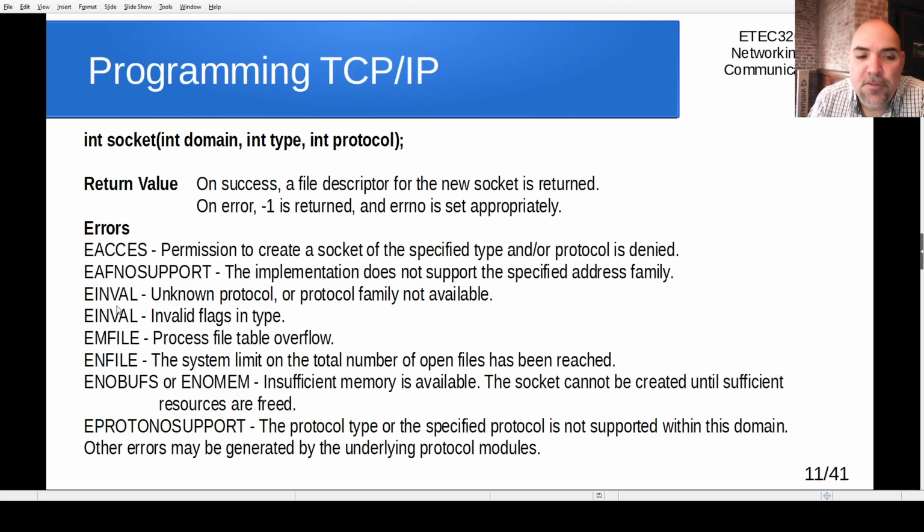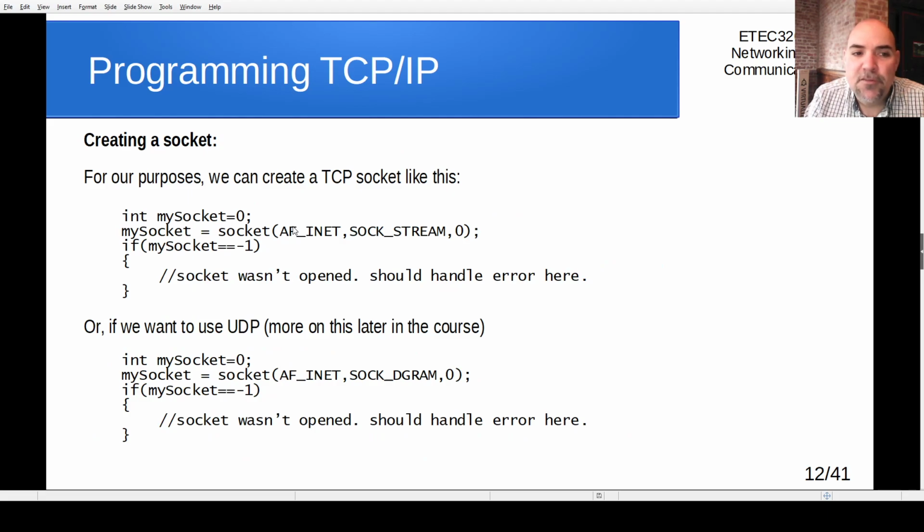So there are a number of them here. You should print out an error message with the error code, or log it, if it fails. But we should check that return value.